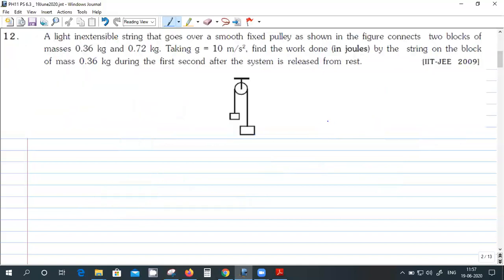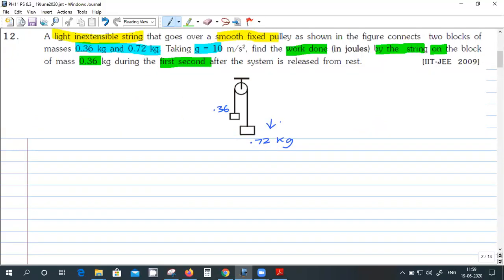Yeah. Okay, try this one. So first, what do you have to do? Find the force. Force on what? Block. Yeah, so what is that force?